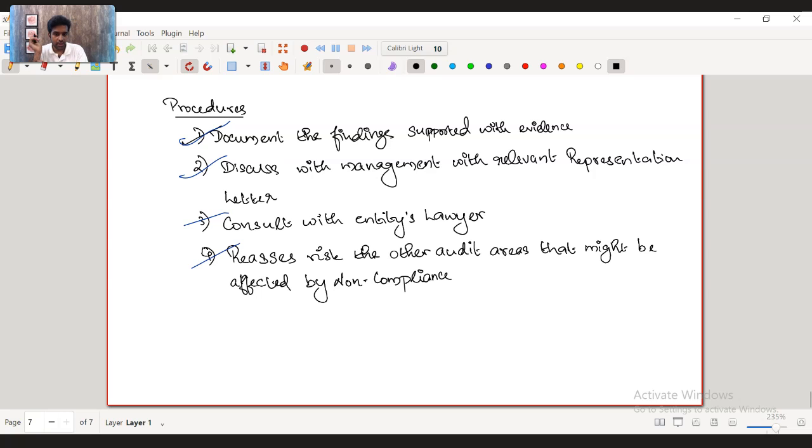Reassess the risk. Identify the risks that could potentially arise in relation to the non-compliance, like taxation, not filing the returns properly could be a risk, going concern could be a risk, potential fines and penalties could be a risk, etc. So identify the risk, assess the risk, in relation to the non-compliance.